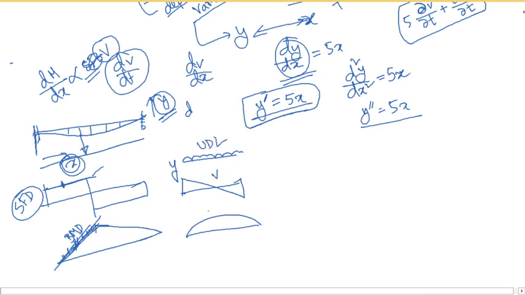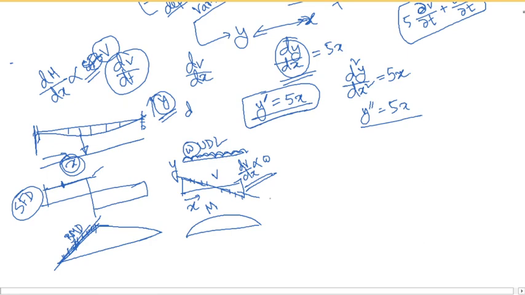So if it is V, it is M, and if this is W, you can understand that the slope of shear force at any point is constant throughout this distance x. So the slope dV by dx is proportional to w.